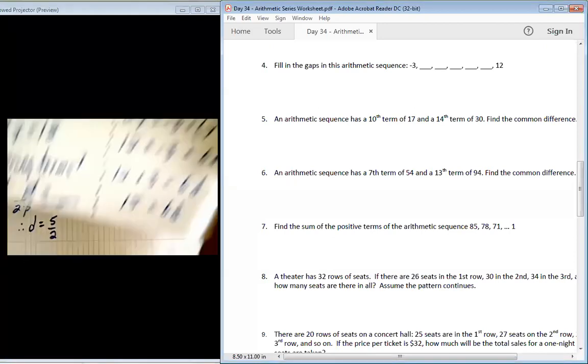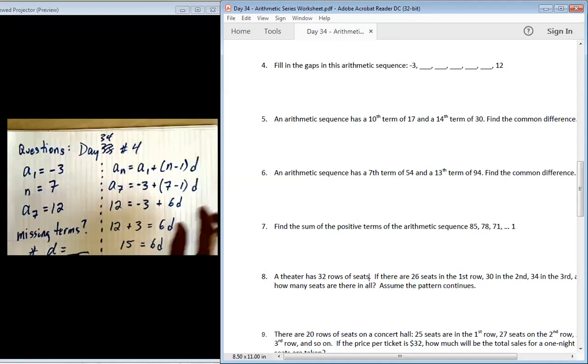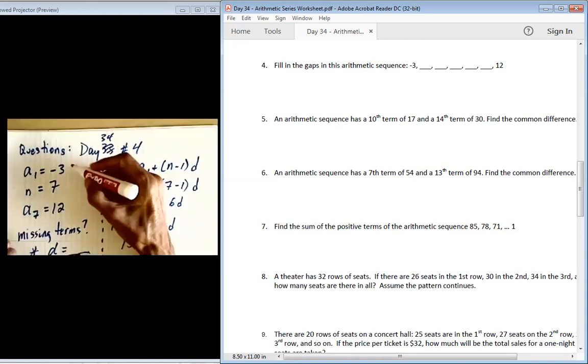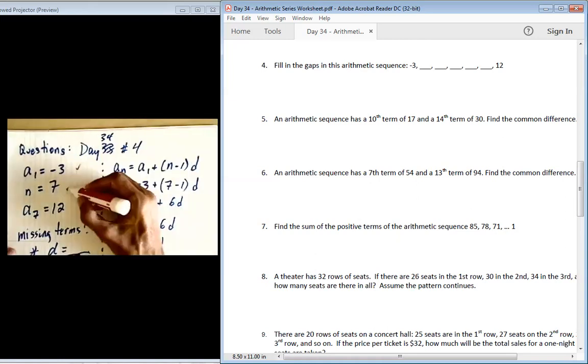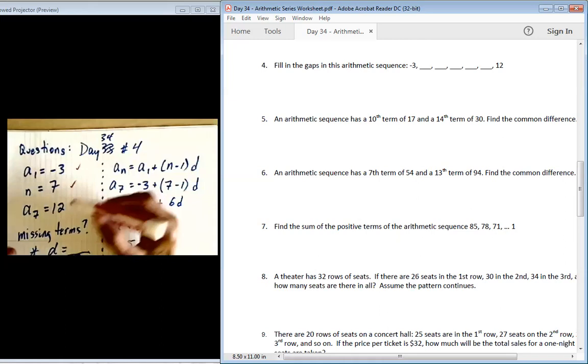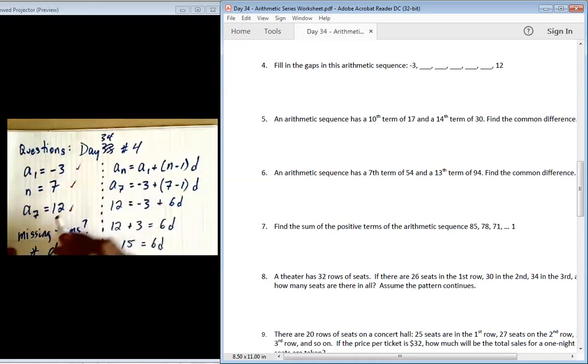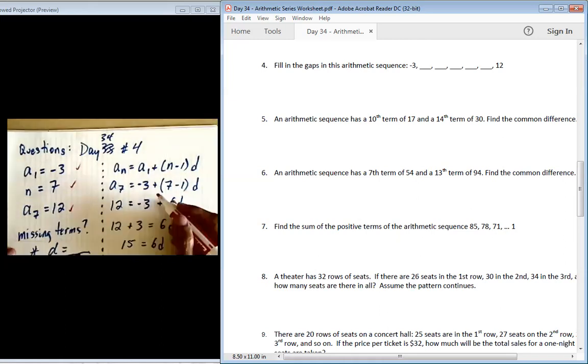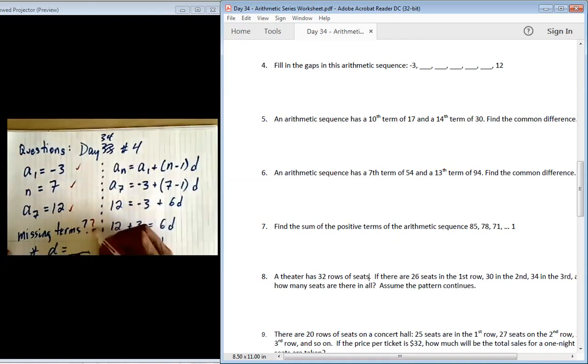So the question number 4 on the screen was, well, it's on the screen still. Just writing down the info that we know: first term, the number of terms, the value of the 7th term, what we're looking for, and what we need in order to get our answer.